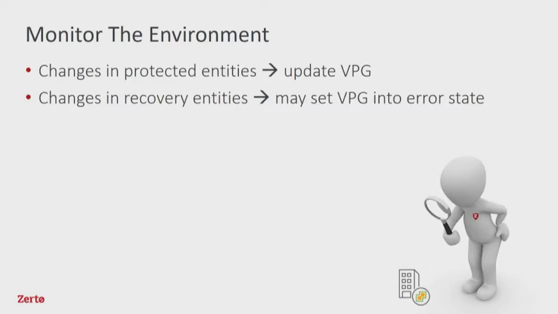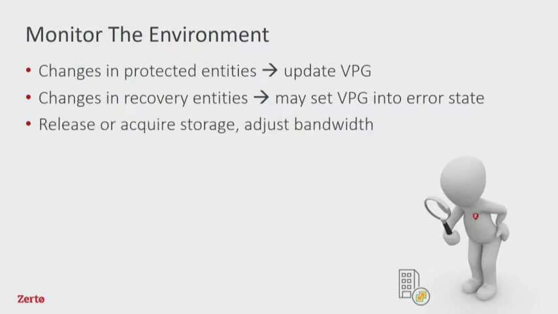So in most cases, we know that these things should not happen. From our perspective, these are assets that we manage and we do not expect them to change. So in most cases, if changes occur to these assets, then we will translate it into putting the VPG, the protection group, into an error state.